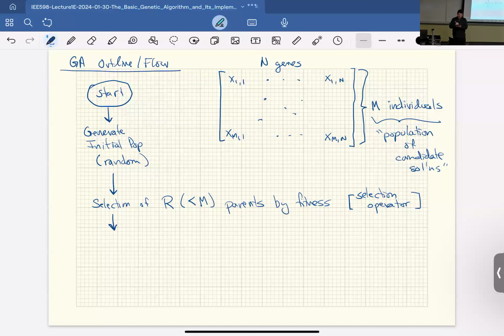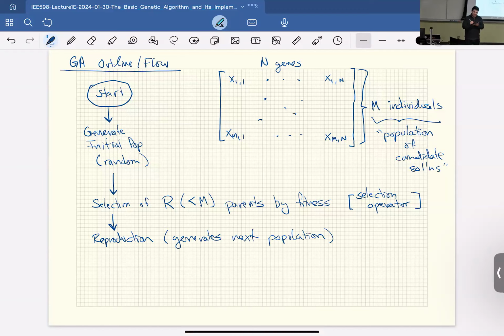So then from that selection, you go on to reproduction, which generates the next population.